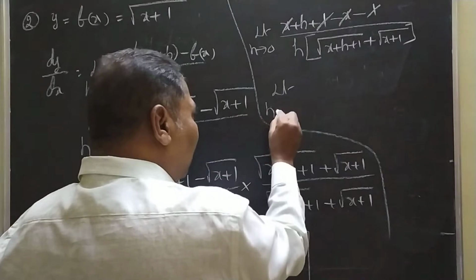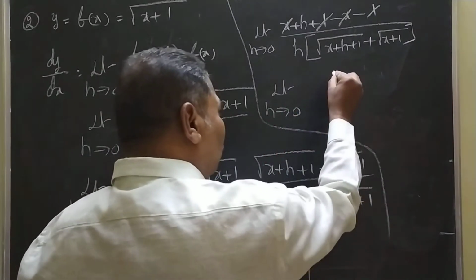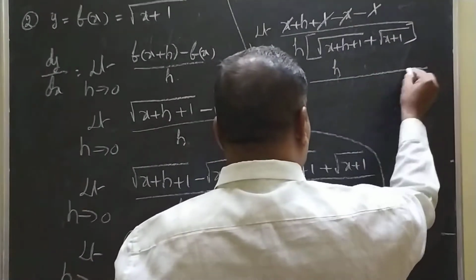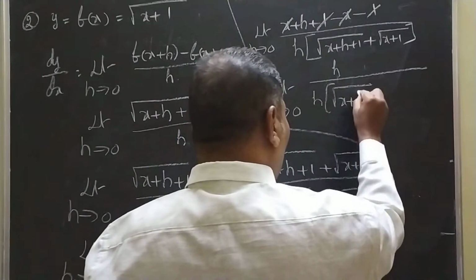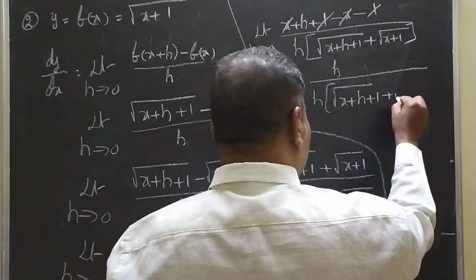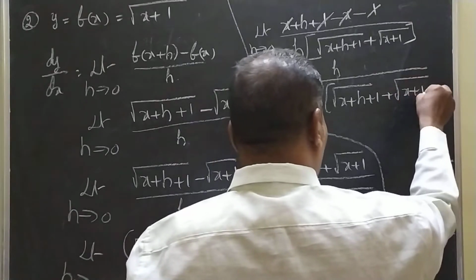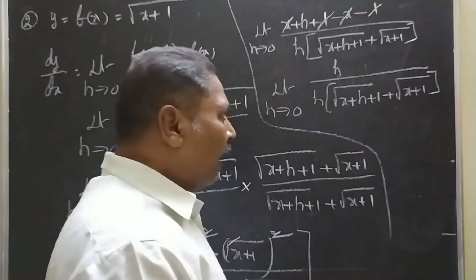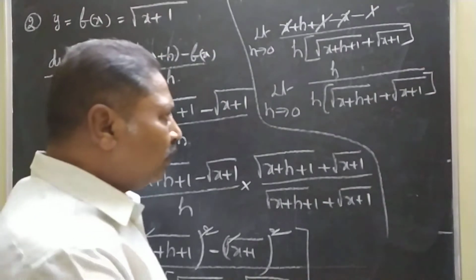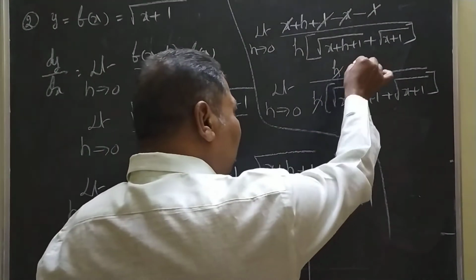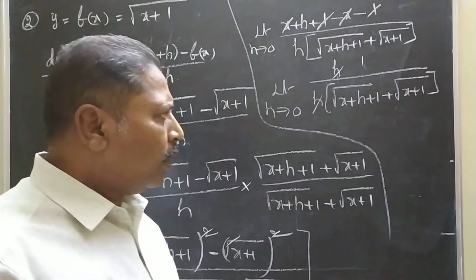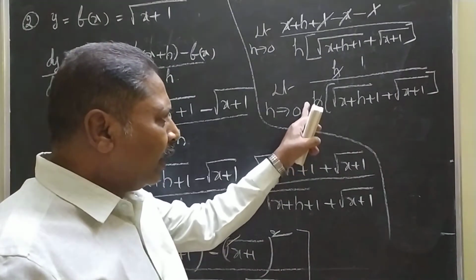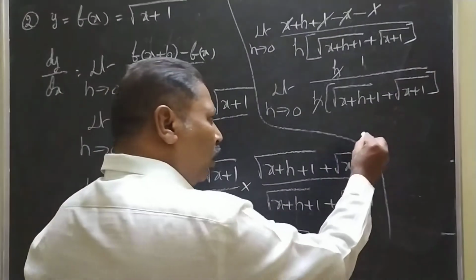Limit h tends to 0, h by h into under root x plus h plus 1 plus under root x plus 1. This h cancels. Next, apply h tends to 0.